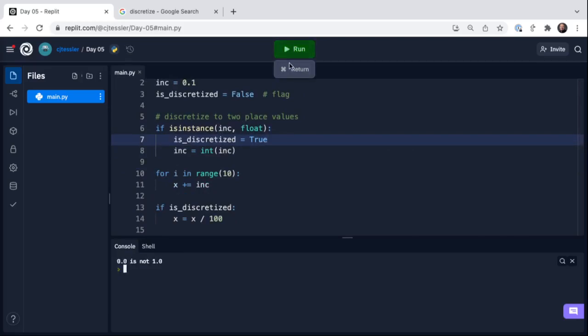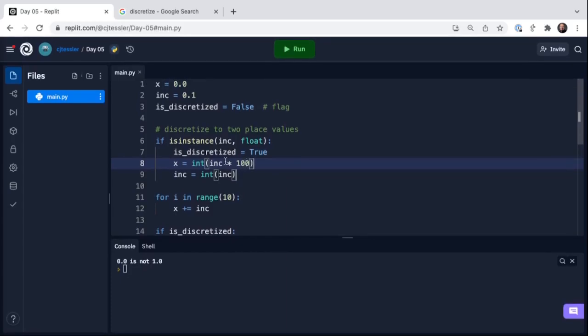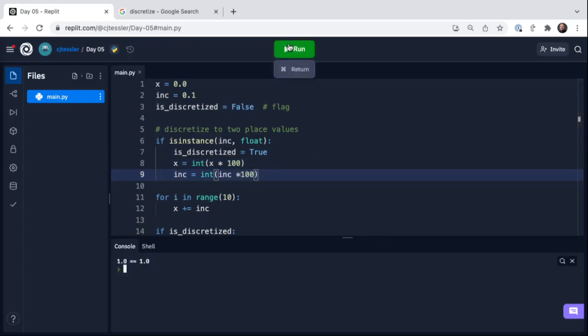Sorry about this, I've lost my logic here. So if discretized is true, what I need to do is multiply x by 100. I also need to multiply, oh, I think this is it. Hold on, because I was expecting that to be true. There, got it. Okay, sorry about that.